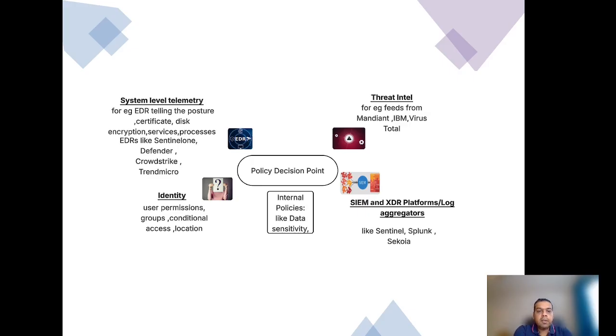Then endpoint-level telemetry, for example, endpoint machines having the EDR agent from vendors like SentinelOne, CrowdStrike, that tells about the risk score of the endpoint or the laptop the user is using, whether the disk encryption is enabled or the user is running a certain process on the laptop. This level of telemetry is being fed to the PDP to make the decision.